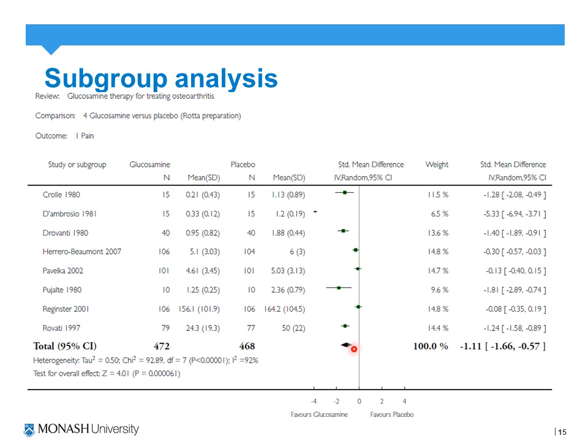If we look at the overall result here, the standardised mean difference is minus 1.1 in terms of pain. The confidence intervals don't include 1, so it would suggest that this rotter preparation of glucosamine is significantly better at reducing pain than placebo, and it's statistically different as well.